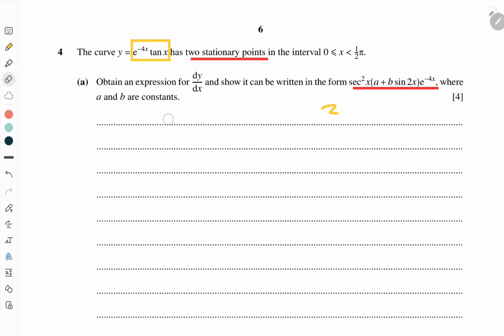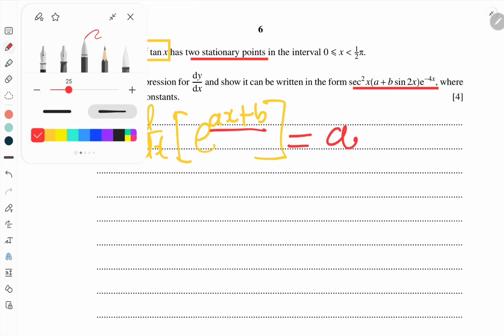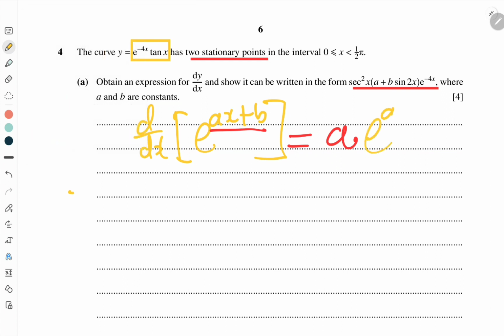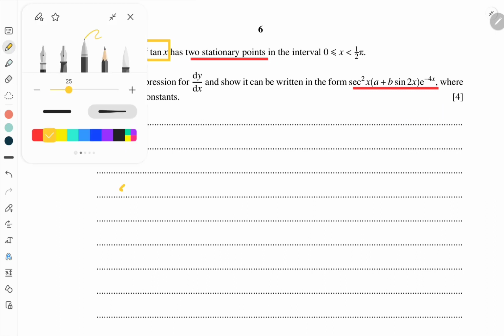Then we should also take note of the exponential differentiation. If you are differentiating e to the power of anything, what you should always do is differentiate the power, put it there, and then rewrite your e as it is. So it's like multiplication of e and the derivative of the power. All right, so let's jump onto it. These are the concepts that we are going to be using for this question.